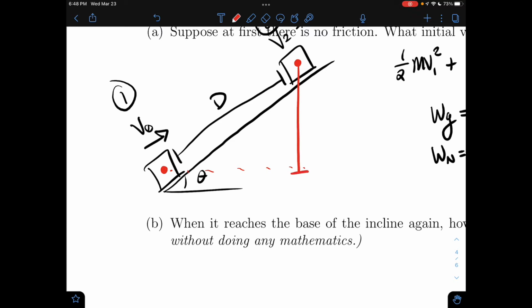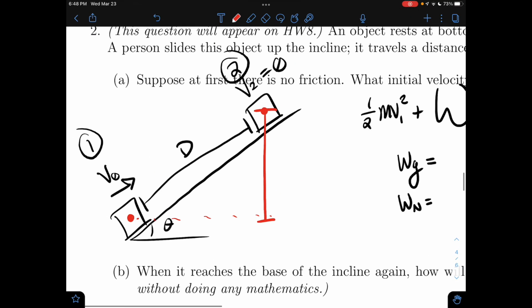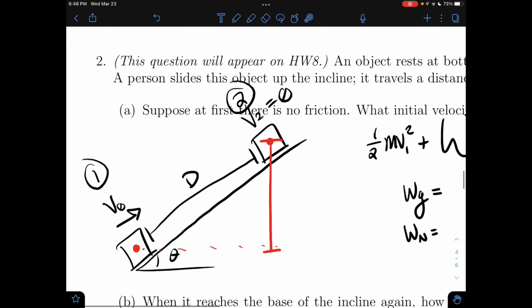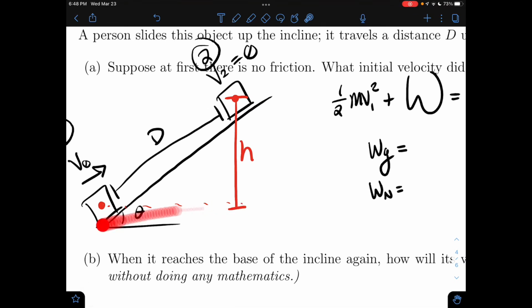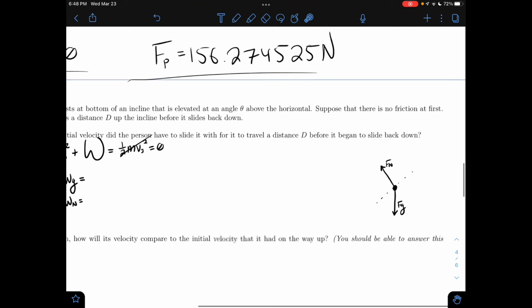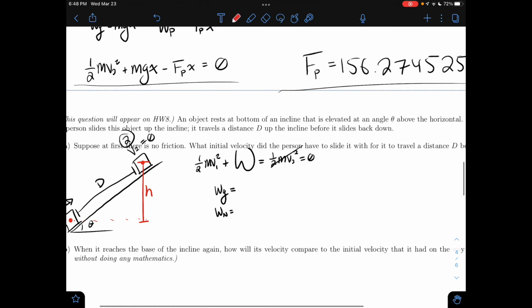This is our change. This is our y displacement. This is how far we're displacing in the direction that gravity is acting. So I'm going to call that h. We can do some trig to get that because we have a hypotenuse and we have an angle. We'll do that in just a second. I'm going to start just by thinking about this.